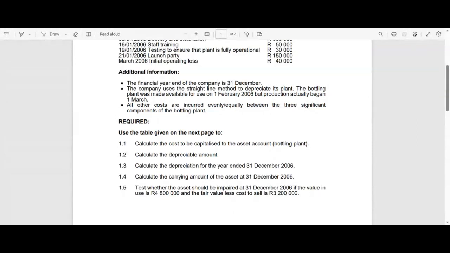The carrying value with a recoverable amount. Thank you, Enrique. Spot on. Right, ladies and gentlemen. So it means we have to determine the carrying amount, or carrying value if you wish, and we've also got to determine the recoverable amount. So let's do the carrying value first, because we've already started. We've actually completed that.